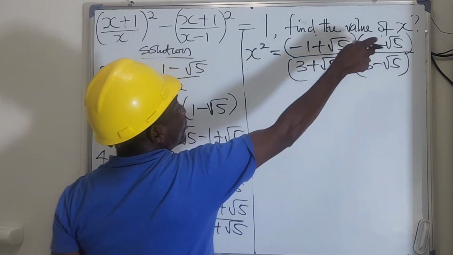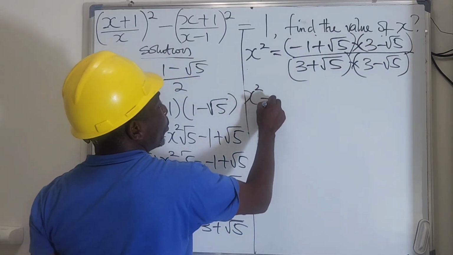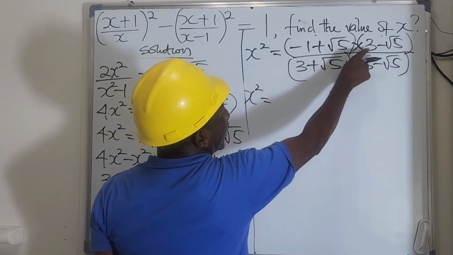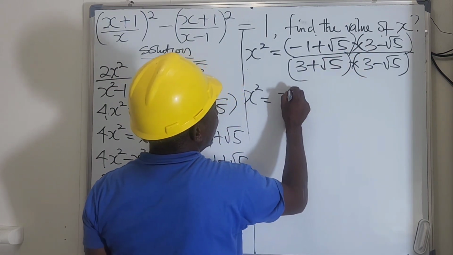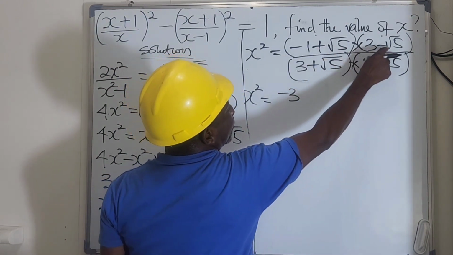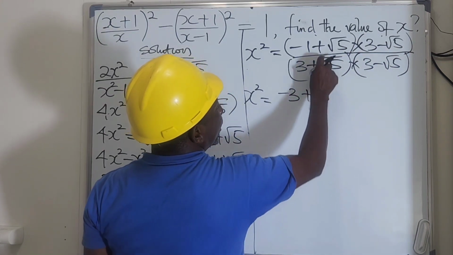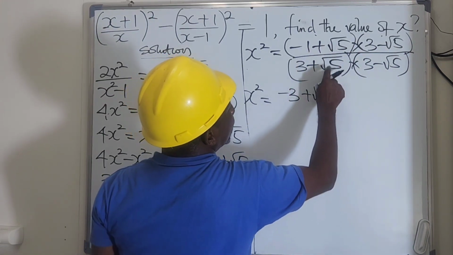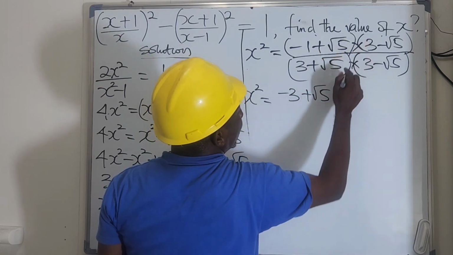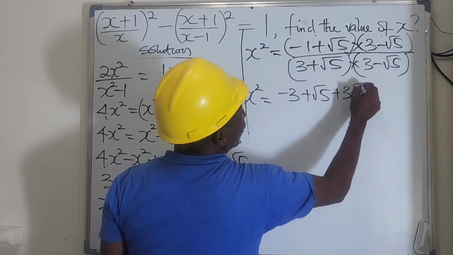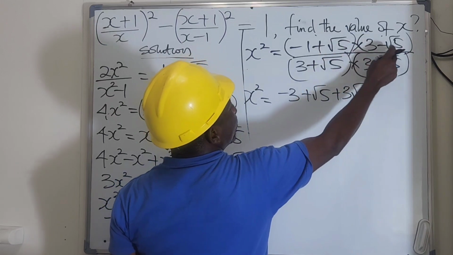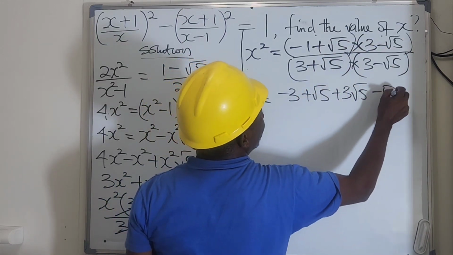So now expanding that, we have x squared equals minus 1 times 3 will give us minus 3. And minus 1 times minus root 5 will give us plus root 5. Then here will give us plus root 5 times 3 will give us plus 3 root 5. Then root 5 times minus root 5 will give us minus 5.